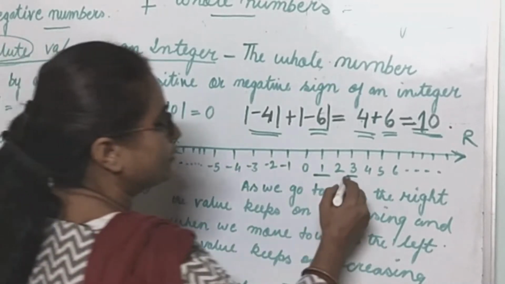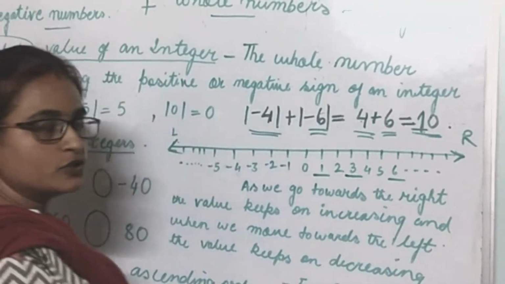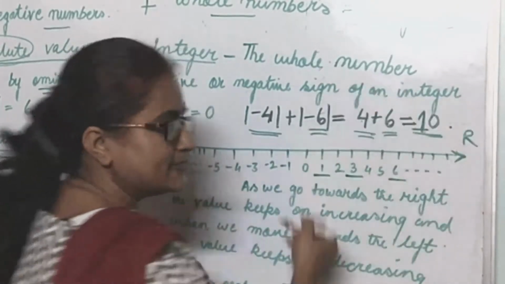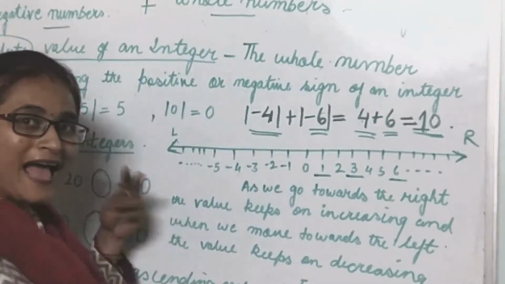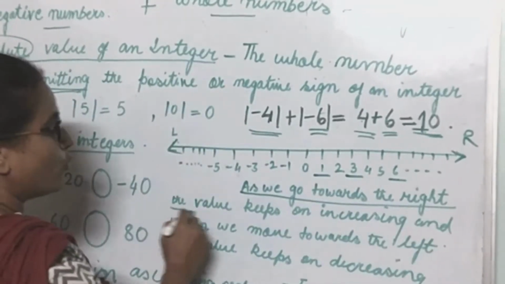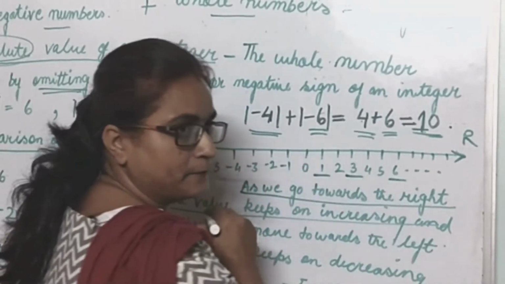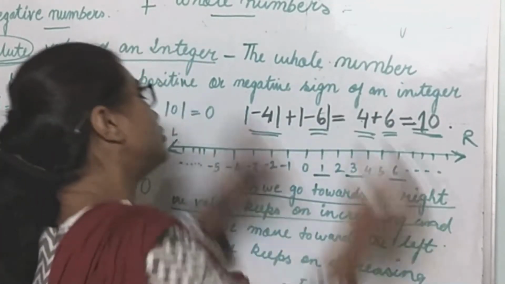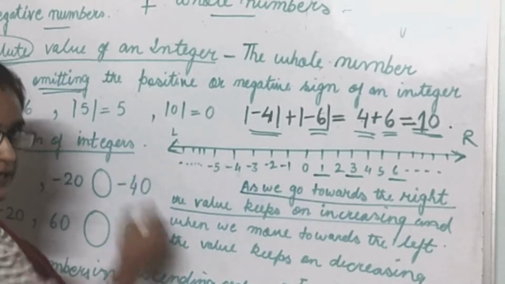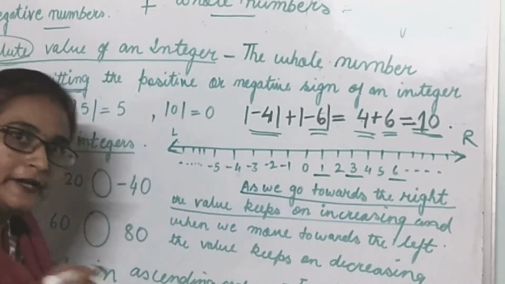Now if I consider 3 and 6, which number is greater? 6 is greater because 6 is on the right hand side compared to 3. As we go towards the right, the value keeps on increasing, and it is just the opposite towards the left: the value keeps on reducing.